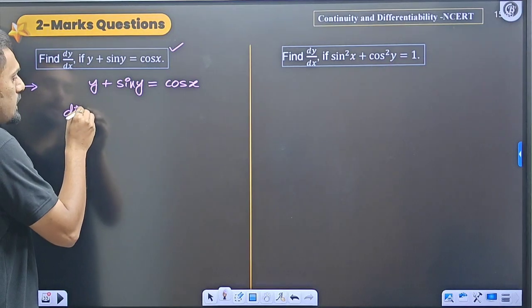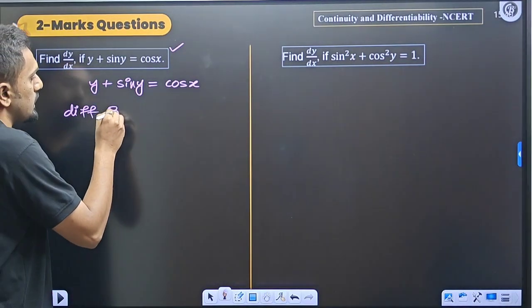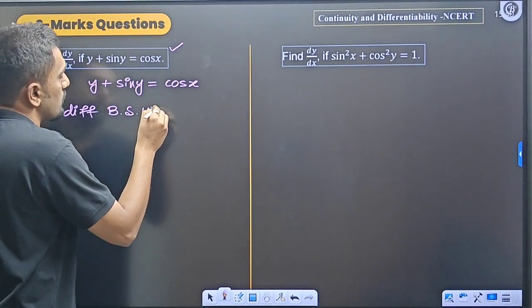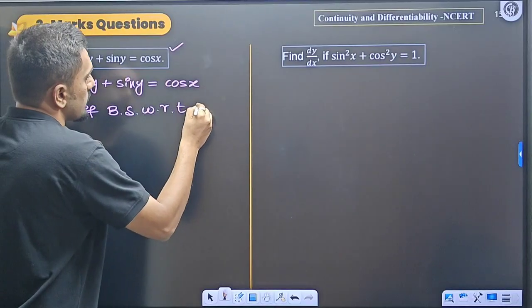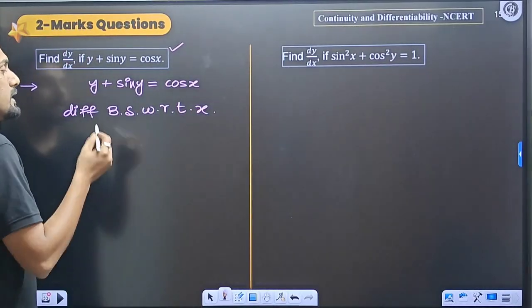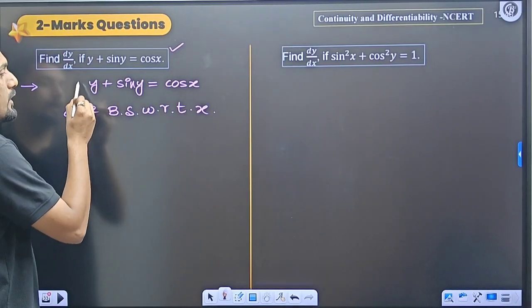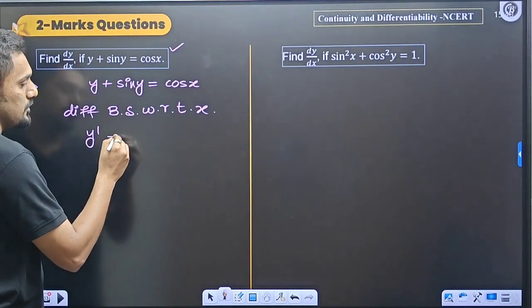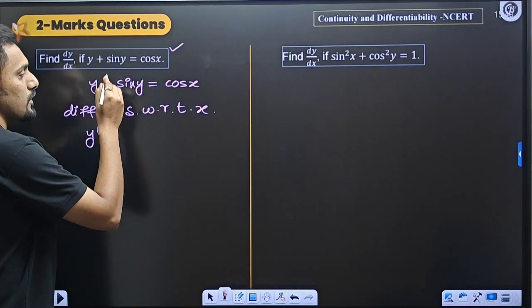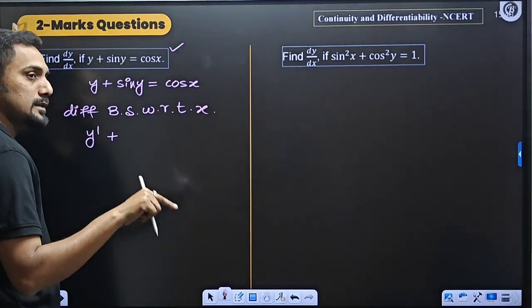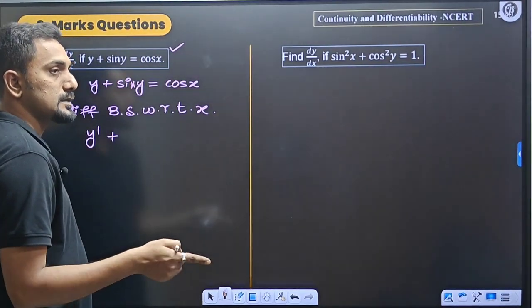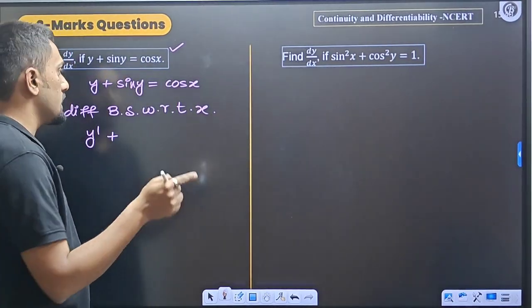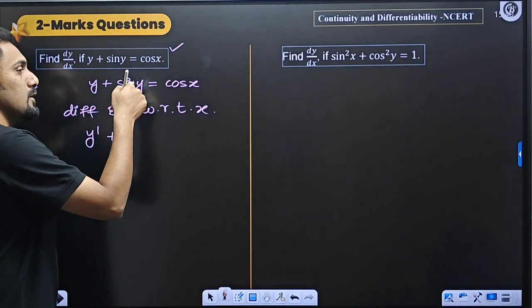So differentiating both sides with respect to x, if I differentiate y with respect to x, it becomes y dash or dy by dx, plus what is the derivative of sin y? I know the differentiation of sin x: the derivative is cos x, but in place of x here it is y.